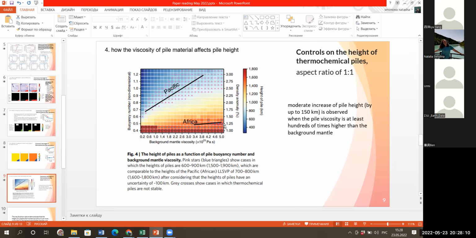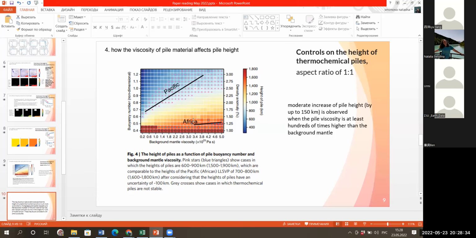And the African province can be explained only by a narrow range of buoyancy, and in which background mantle viscosity is unrealistically high, as the authors explain. And this is why the African large low shear velocity province is defined as unstable.